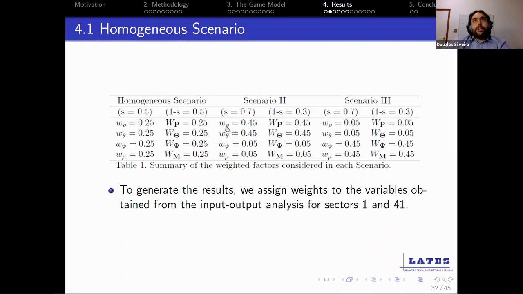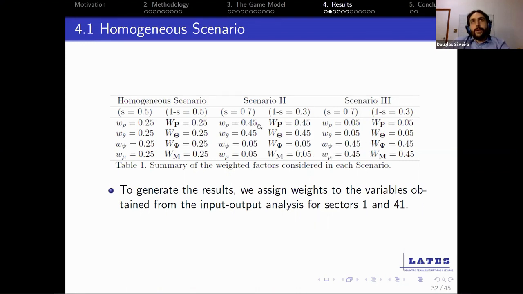And actually, in scenario 2, they are attributing more weight to the strategic variables associated with the market share maximization problem. And here in scenario 3, they are attributing more weight to the cost minimization. Here we have the weights associated with the labor force costs and the displacement costs.